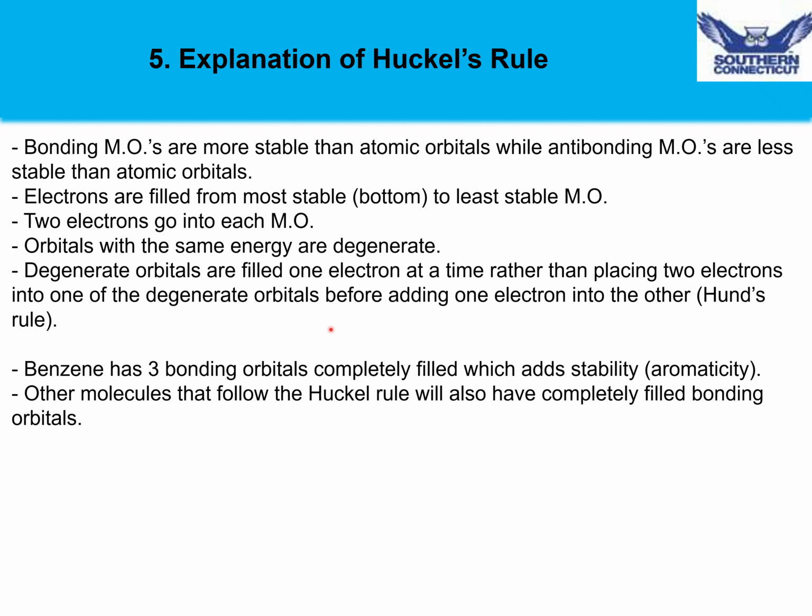So if you notice, the molecular orbital diagram of benzene has 6 p orbitals, each one with an electron, rather than having 3 that are completely filled and 3 that are completely empty. As we saw, benzene has 3 bonding molecular orbitals that are completely filled.